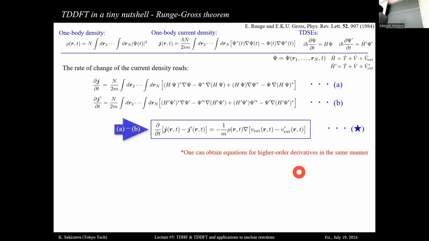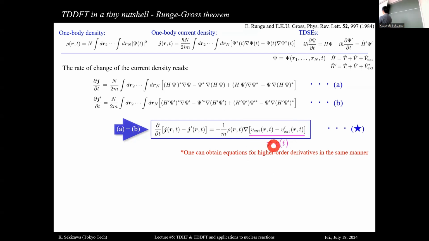Now you see. If the difference between V and V prime, these external potentials, is more than a time-dependent constant, then this right-hand side will be finite.